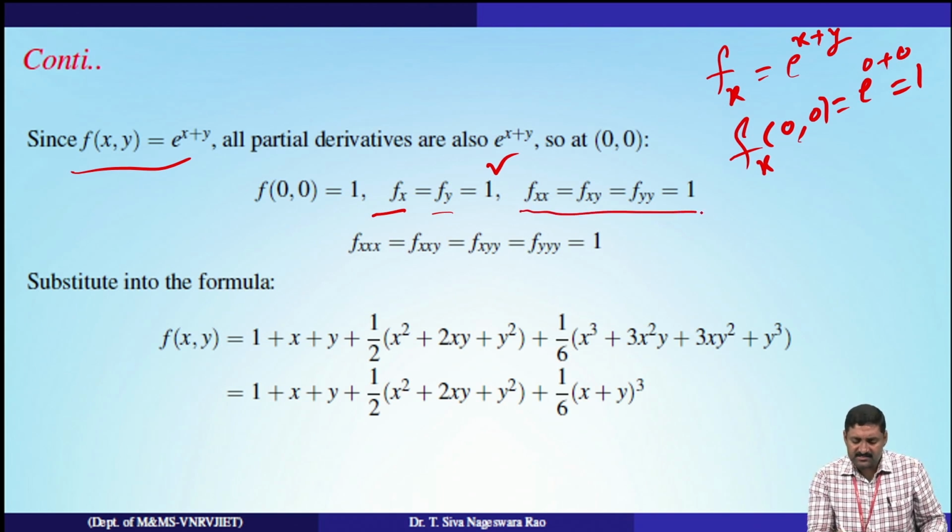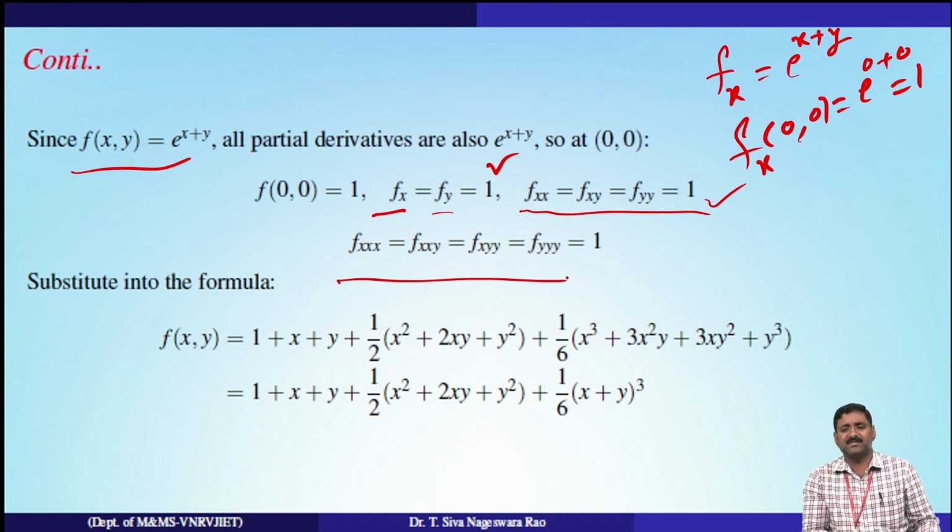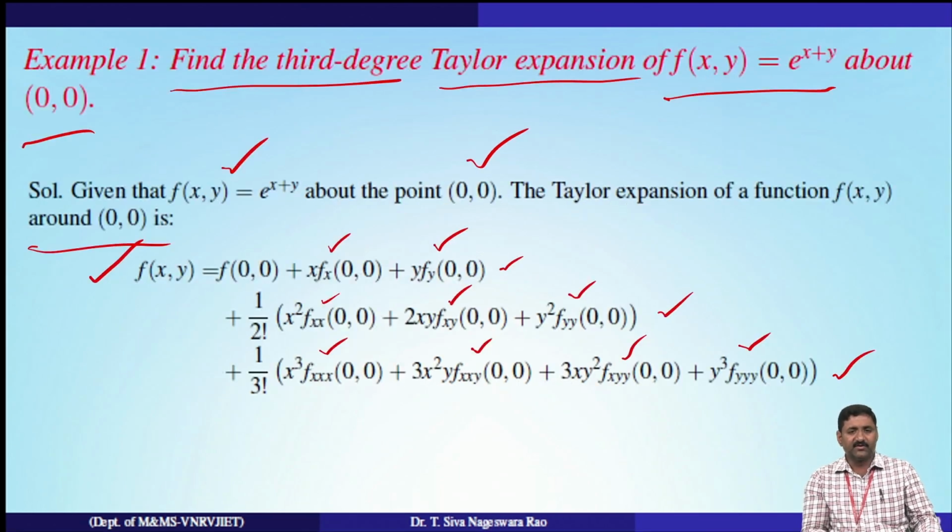Again, calculate all possible second order partial derivatives in the same manner and substitute 0 for x and 0 for y. Here all second order partial derivative values are equal to 1. In the same way, all possible third order partial derivatives also you will get 1. Substitute these values into this formula.